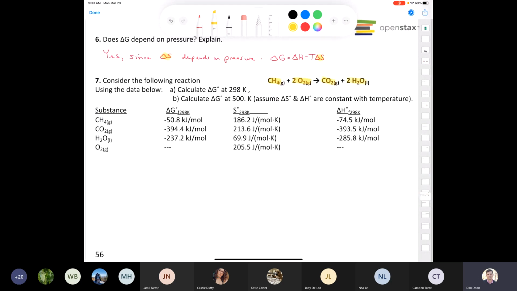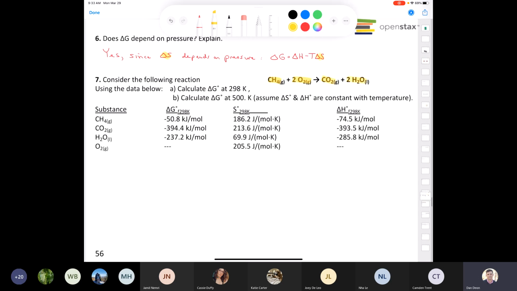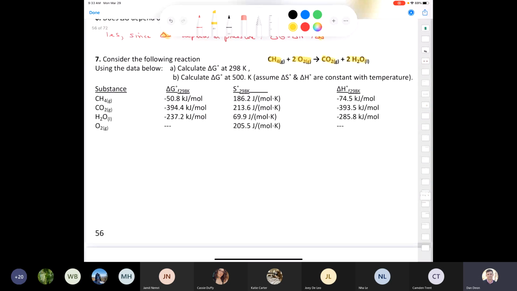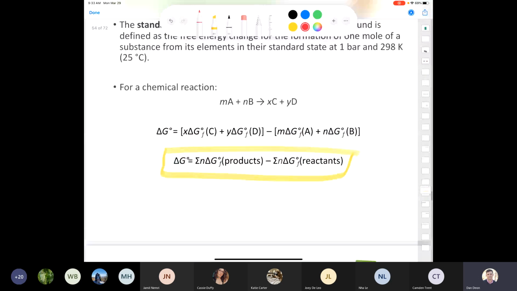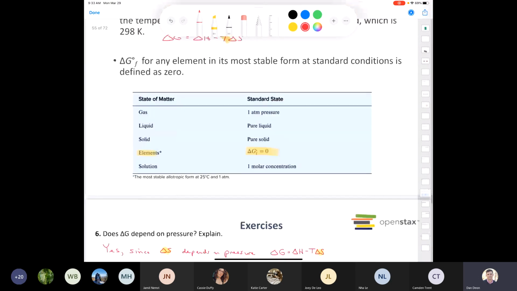Anyhow, it says, using the data that's shown below, calculate the delta G of this reaction, so the change in free energy of this reaction at 298 Kelvin. All right, if we want to do that, we're going to use the formula from a couple slides ago, which is this formula right here in the yellow box.